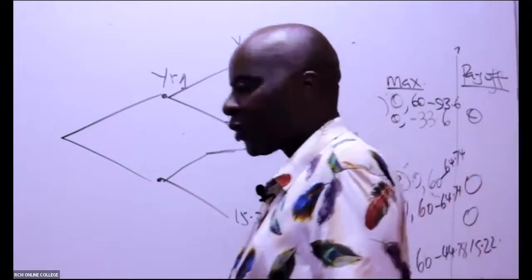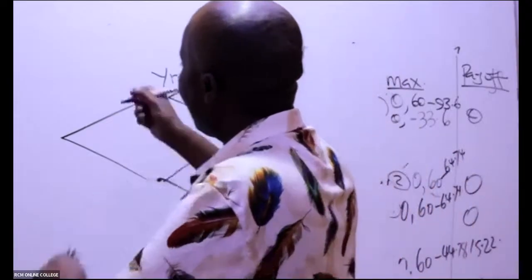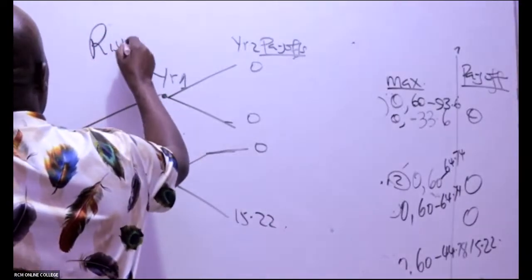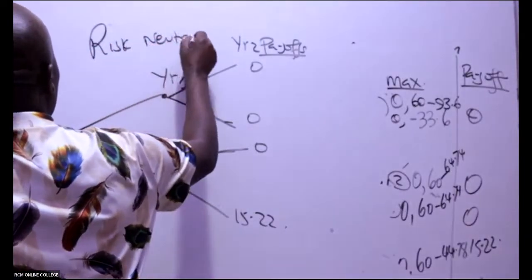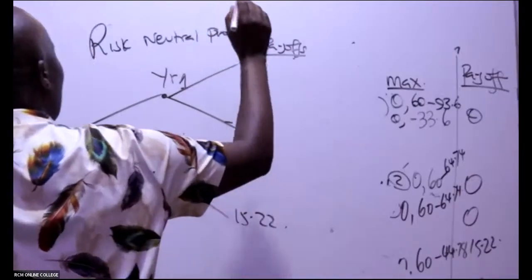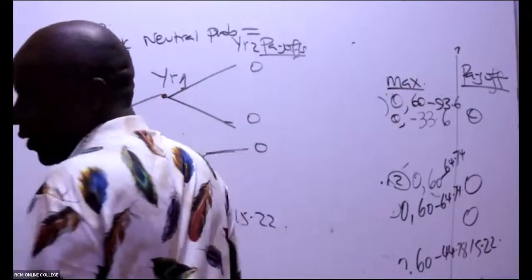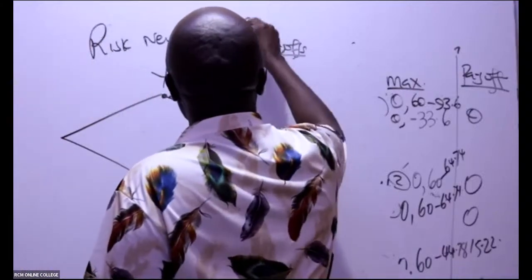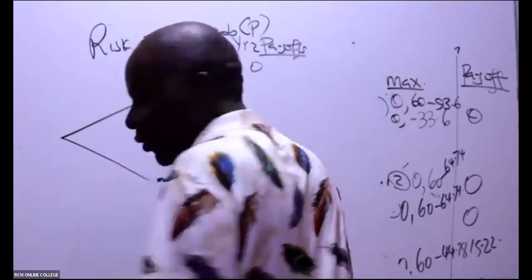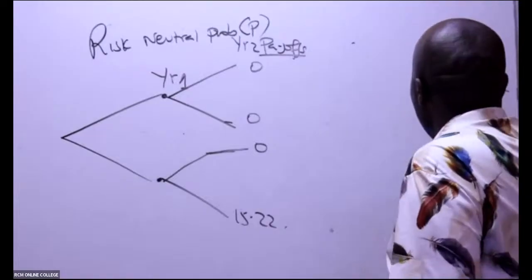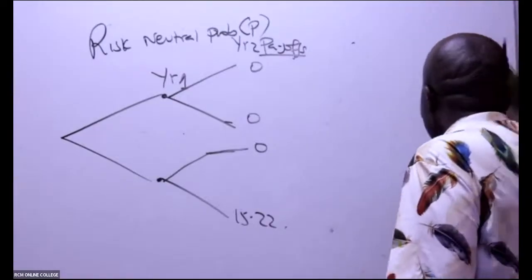So after you finish doing this, come and give us the risk-neutral probability. How do I get this risk-neutral probability, my very, very good students? To get this risk-neutral probability, what I'll call P, it is normally very, very easy.